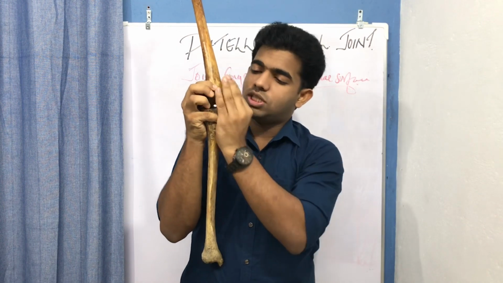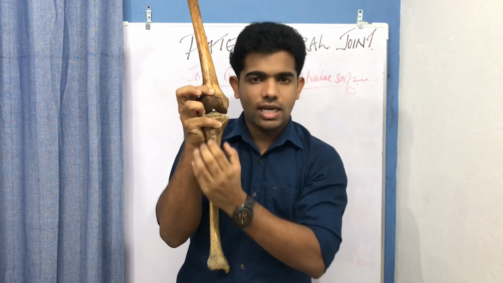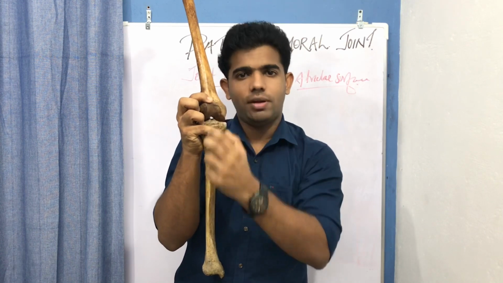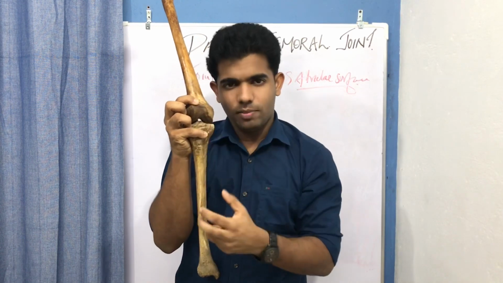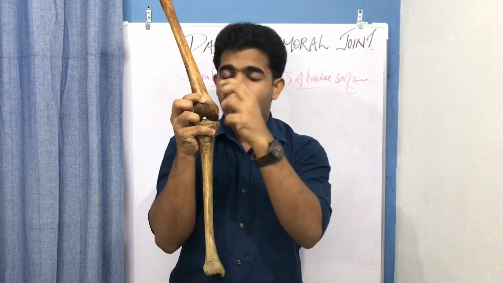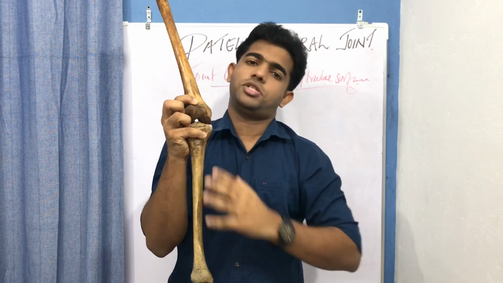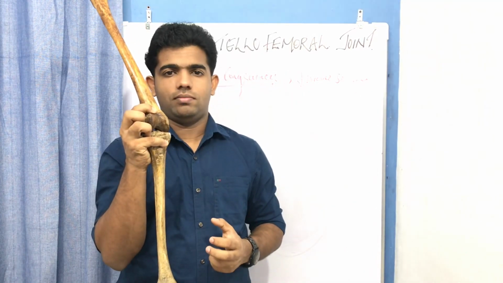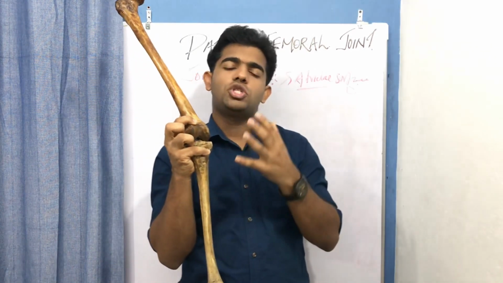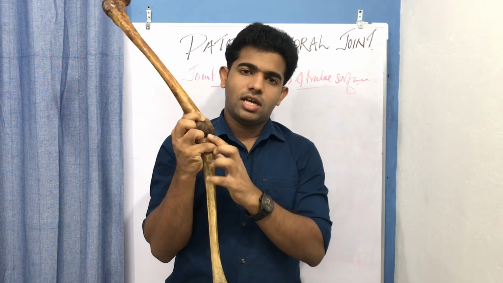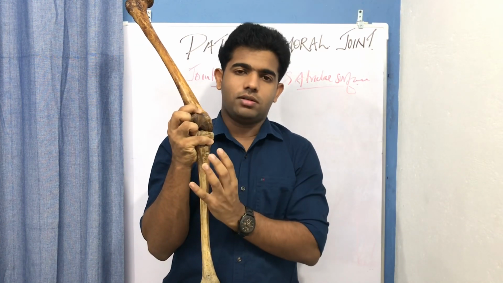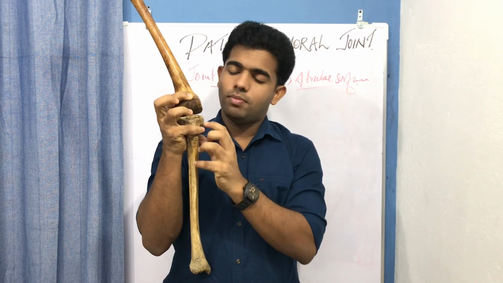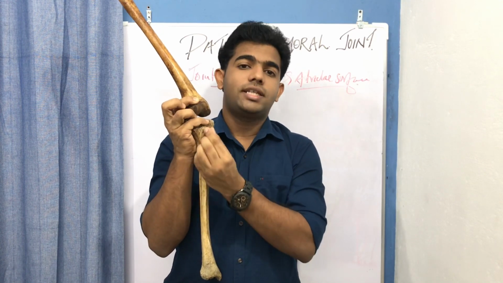How? It is stabilized medially and laterally by the medial patellar retinaculum, medial patellofemoral ligament, lateral patellofemoral ligament, and of course the oblique ligament and various muscular connections. Right? That provides such stability. And the relative position of this patella in respect to the femur or in respect to the femoral condyles is determined by the length of the patellar tendon.